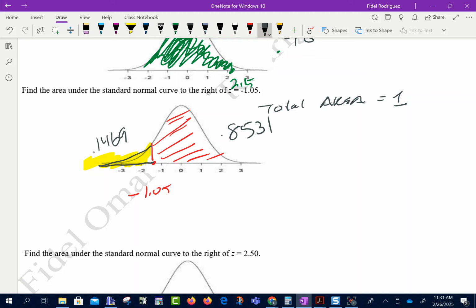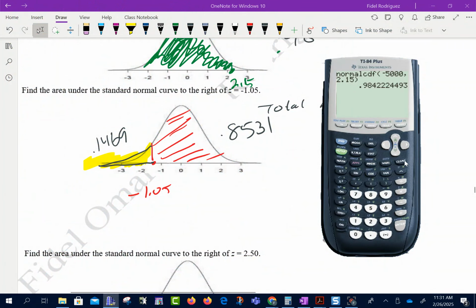Now, if we're going to use our calculator, y'all, we can do it like this. Let me clear this out. Let's go second VARs again. Okay, we're going to go to our normal CDF. Y'all, I'm actually going to start at negative 1.05, comma.